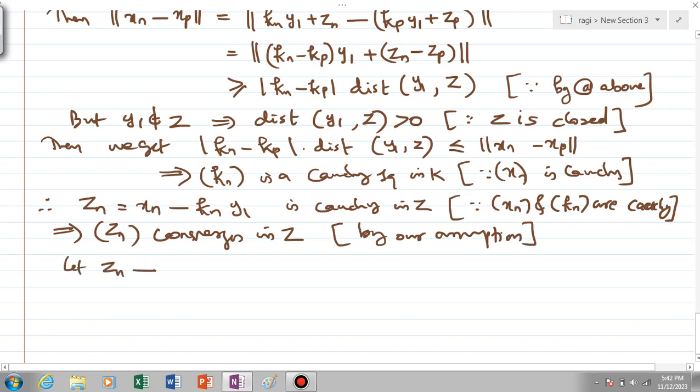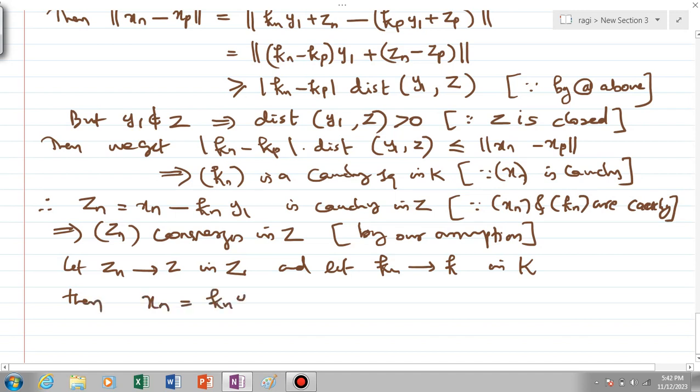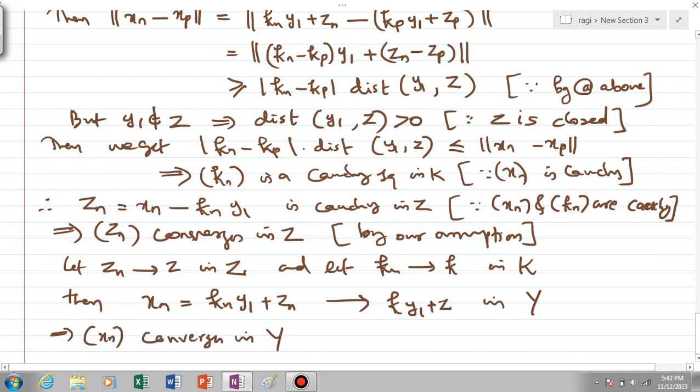Let zn converge to z in capital Z, and let the sequence kn converge to small k in capital K. Then xn equal to kn y1 plus zn converges to k y1 plus z in capital Y. This means that the sequence xn converges in Y, and so Y is complete.